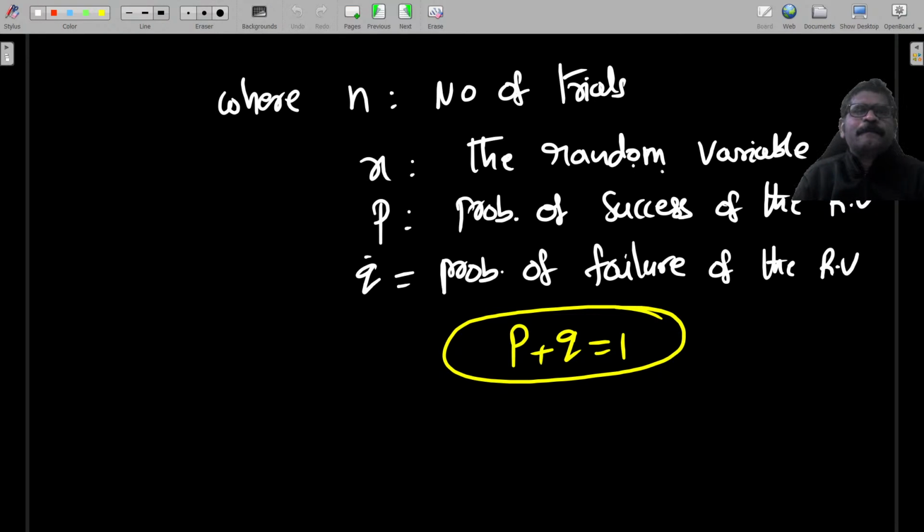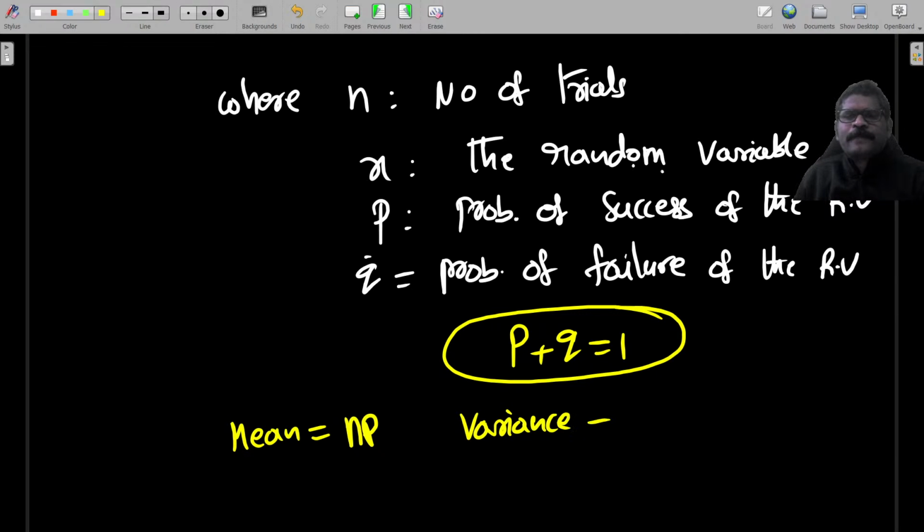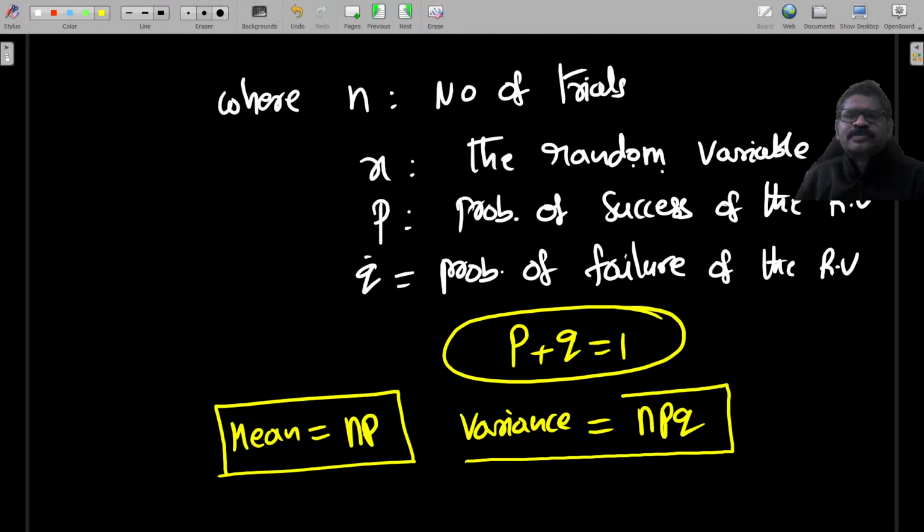Now, mean. Binomial mean is given by np. Binomial variance is given by npq. The mean of binomial distribution is np and variance of binomial distribution is npq.